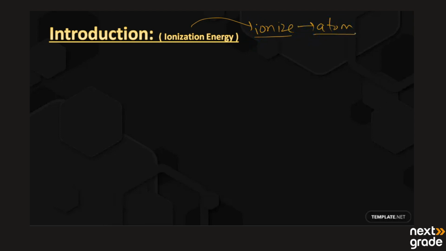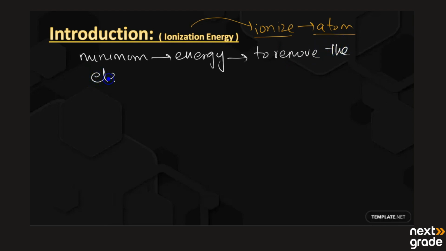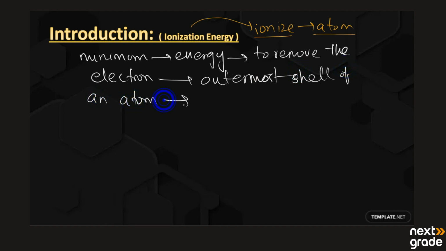So by definition, ionization energy is the minimum amount of energy required to remove the electron from the outermost shell of an atom to make a positive ion.